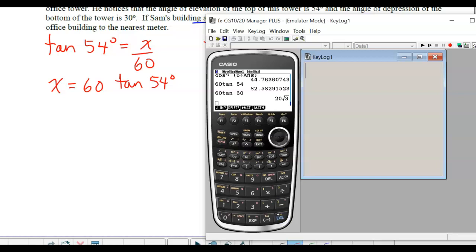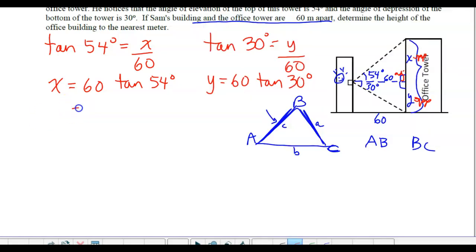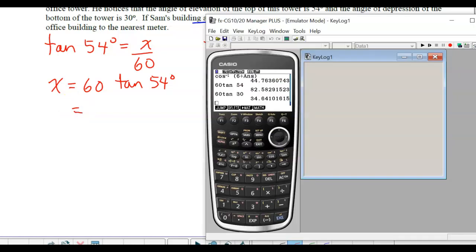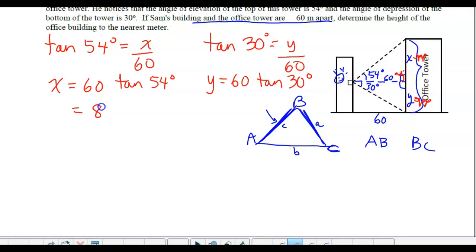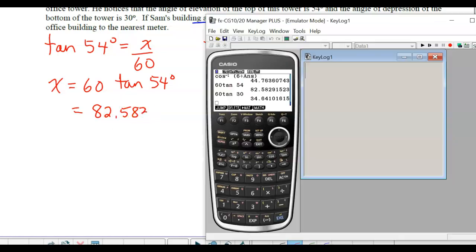If you have a Casio and it is not in test mode, it may give you the exact value. So we need the decimal form. So you go arrow to D, and it'll give you the decimal form. So this one was 82.583. This one is 34.641.